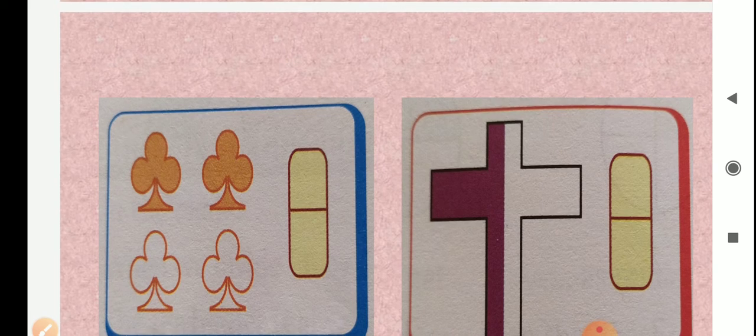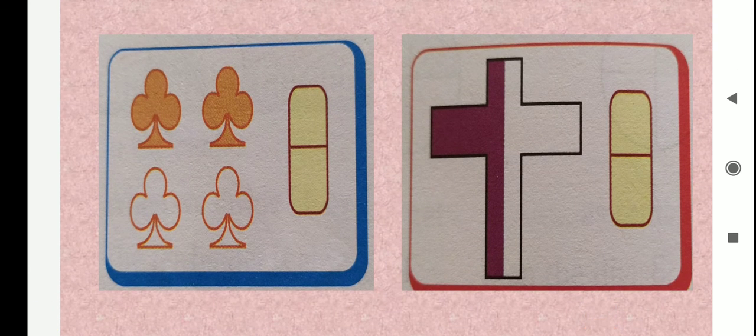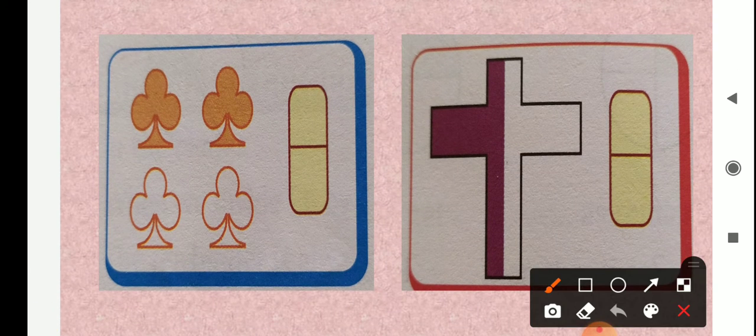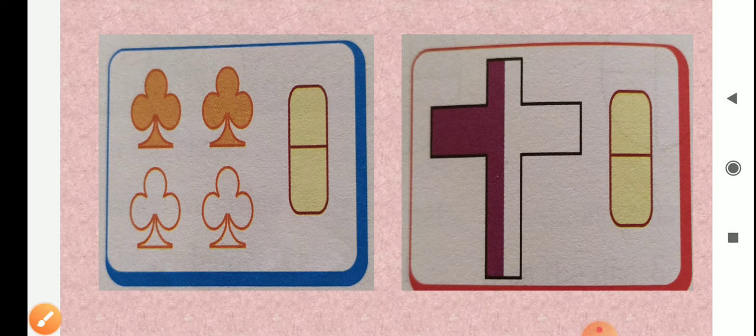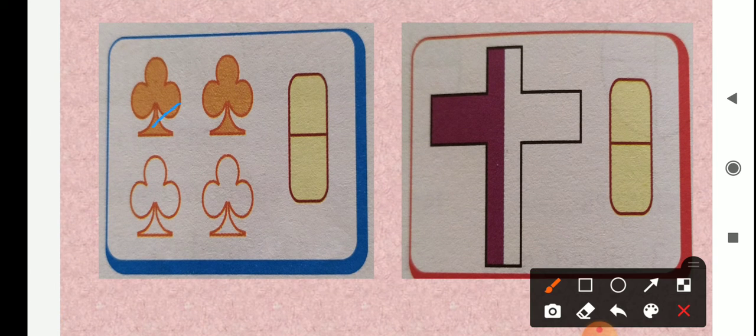Here the next figure is given of pictures. Some pictures are given. So from that, how to write the fraction for the shaded parts? How many total figures are given here? Look here: 1, 2, 3, 4. Total 4 figures are given.